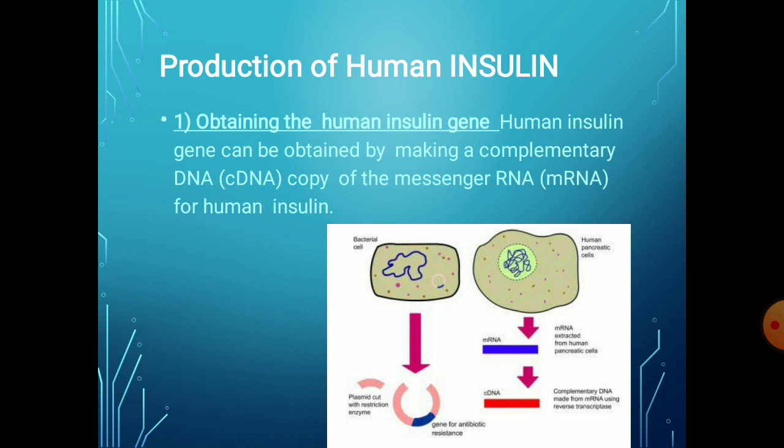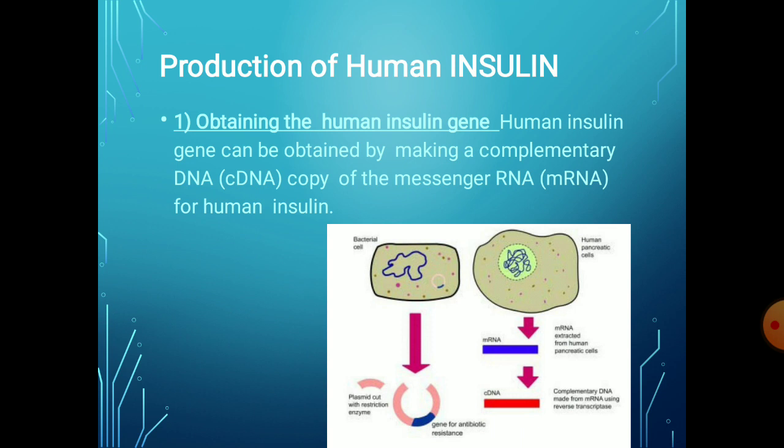The number one step is to obtain the human insulin gene. The human insulin gene can be obtained by making complementary DNA, cDNA, a copy of the messenger RNA for human insulin. On the other hand, we take the bacterial cell and cut its plasmid out with restriction enzymes.